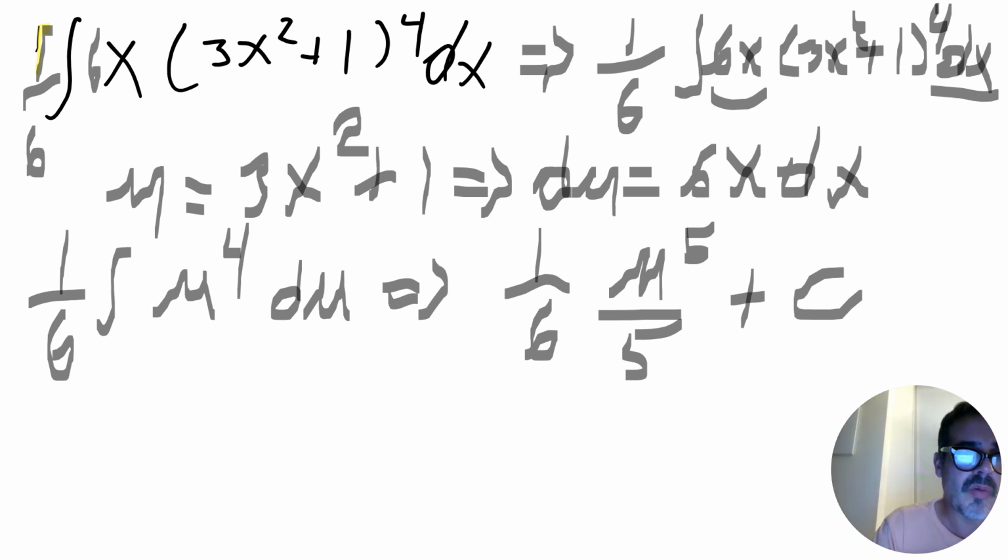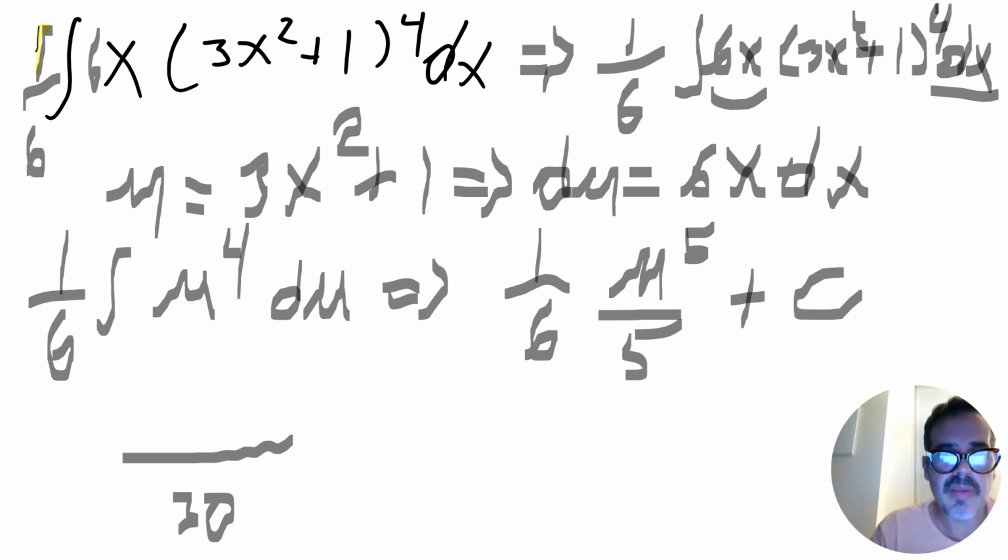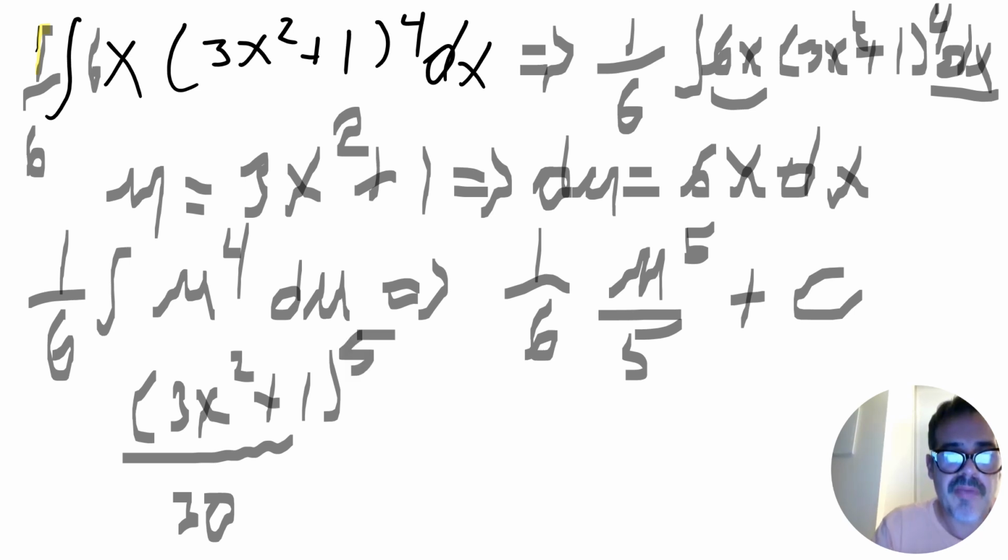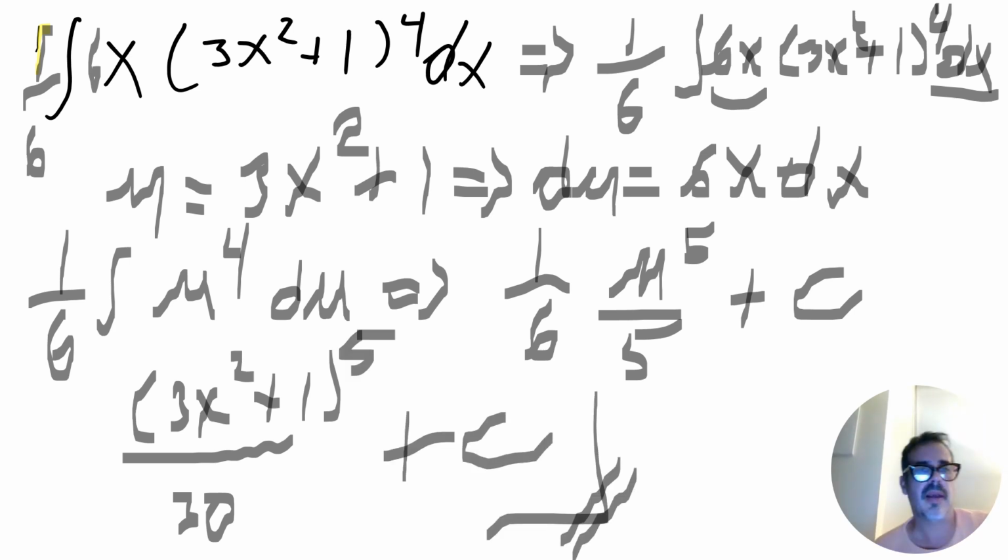This is going to be the final answer for this integral. We take 30 at the bottom, 6 times 5, that's 30. And then inside the u, we're going to put 3x squared plus 1, and don't forget that this is to the power of 5, plus your C. And this is the answer to this integral.